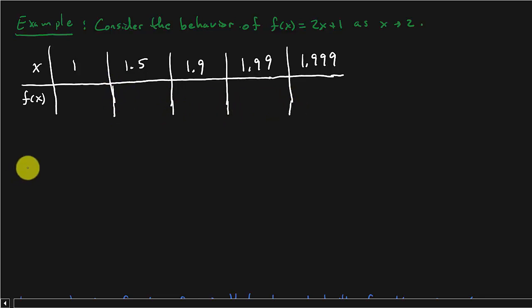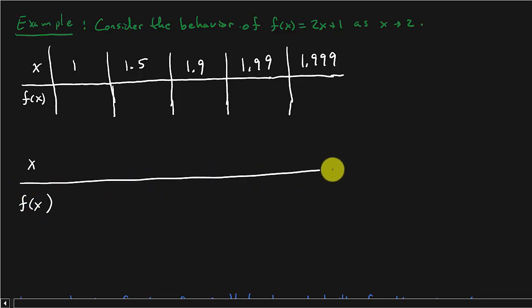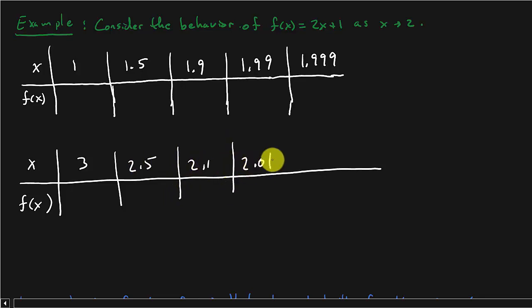And then I've got x, I've got f of x. All right, and I'm going to choose 3, 2.5, 2.1, 2.01, and 2.001.